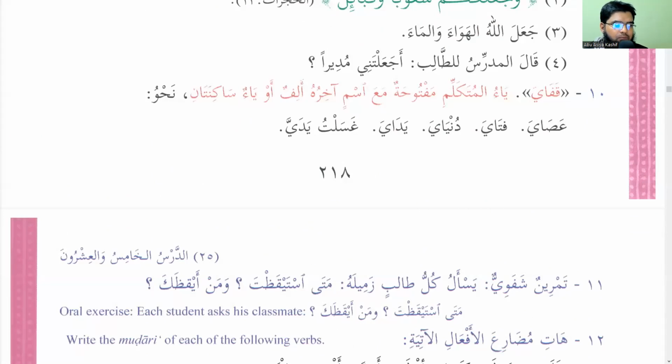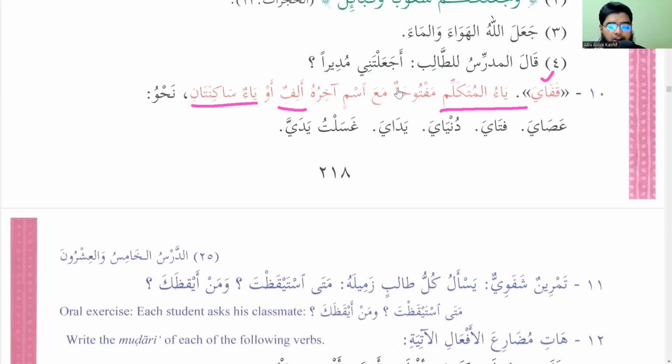Next is just some plurals. It'll just teach us some plurals. خفايا ياء المتكلم مفتوحة مع اسم آخره ألف أو ياء ساكنتان. So it says khafaya has a fatha. Why? Because it ends with an alif. And if it ends with ya with a sukoon, then you give a fatha to the ya of the first person.